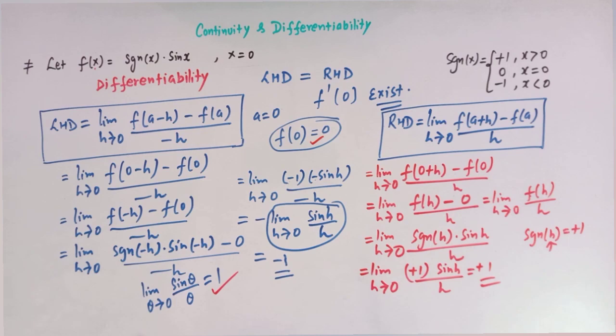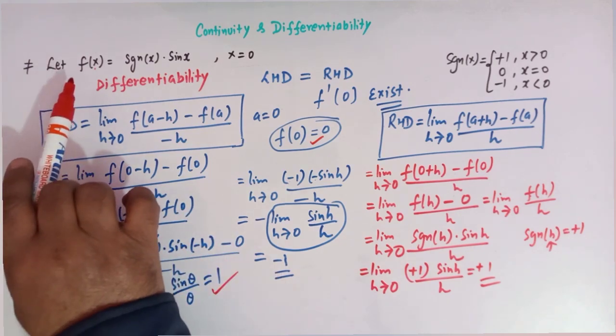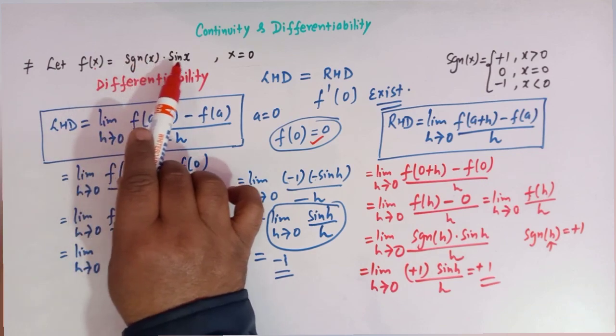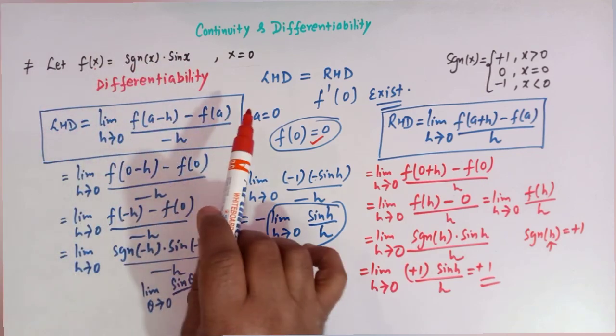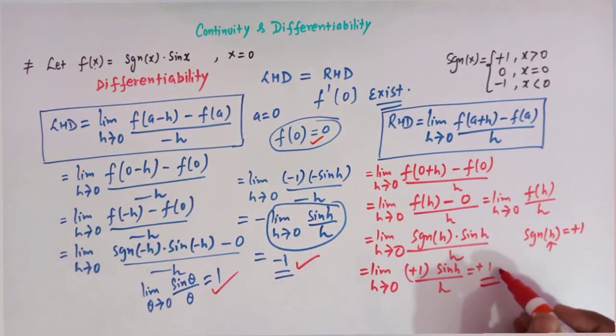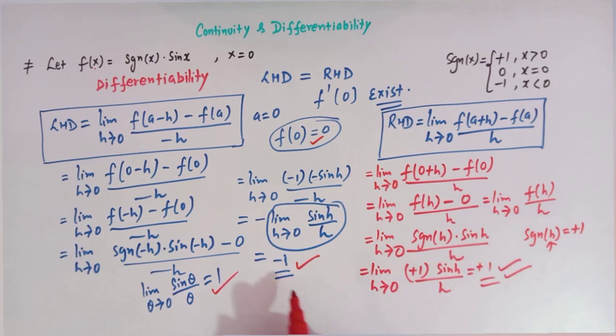So we see that for this function f of x, which is the product of the signum function and the sine function, the left hand derivative is minus 1 and the right hand derivative is plus 1. These two derivatives are not equal to each other.